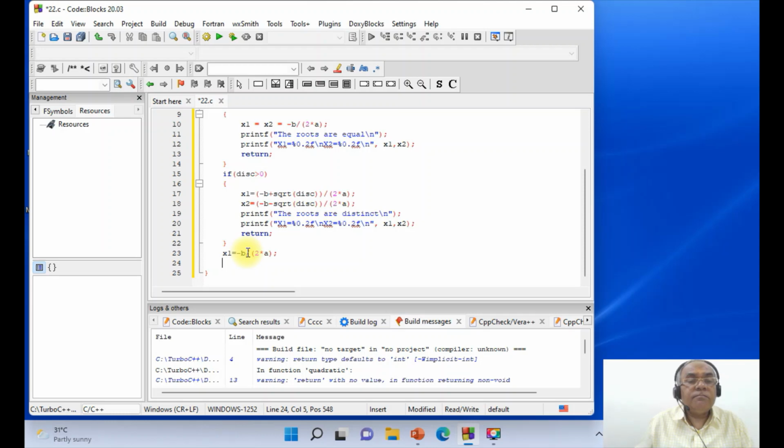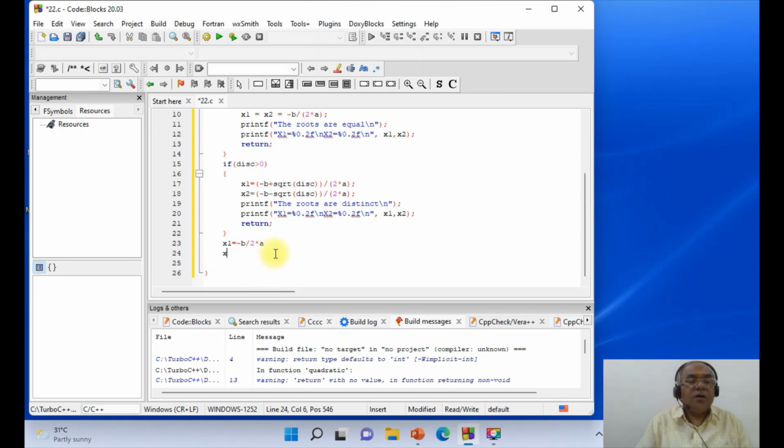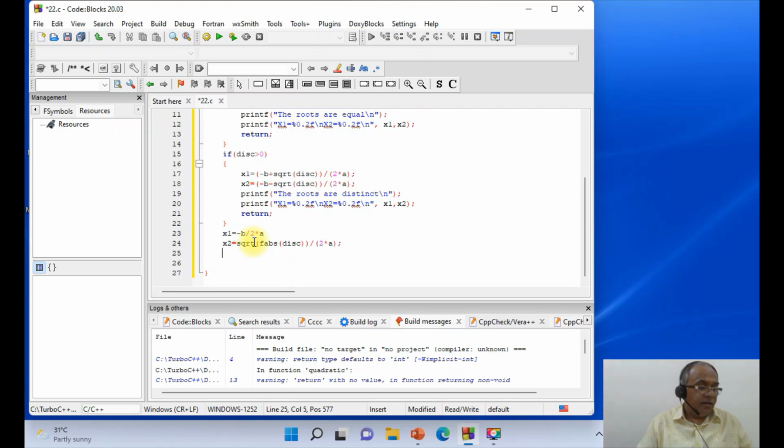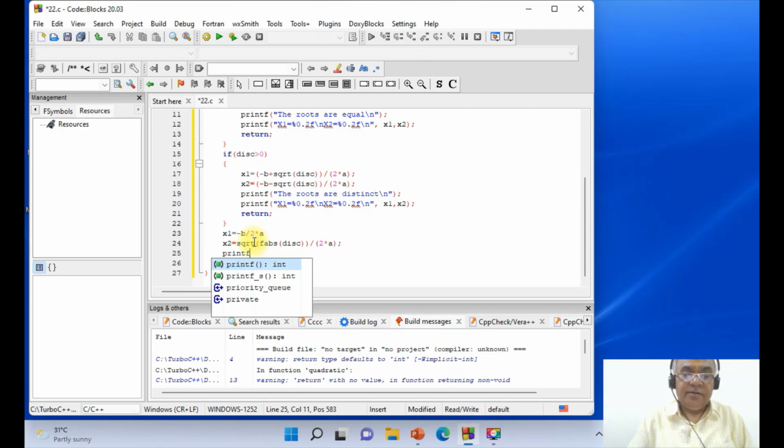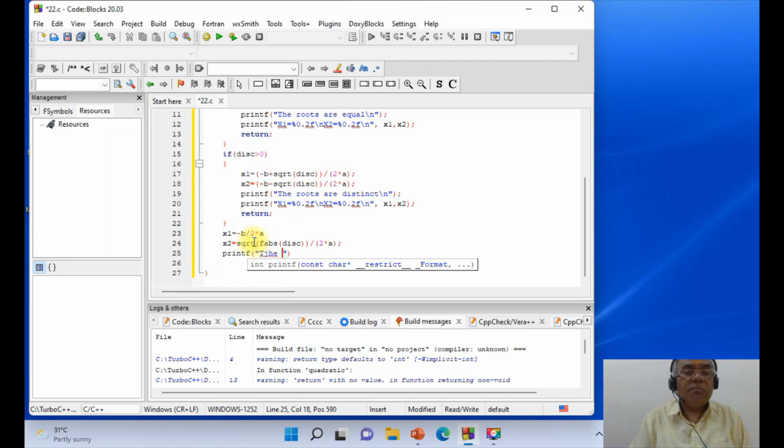Then x2, the complex root, will be equal to SQRT fabs disc by 2a, that is the complex root, that is the negative roots. Then printf, the roots are complex, \n.